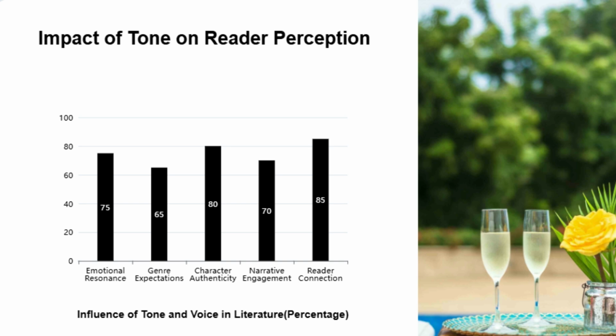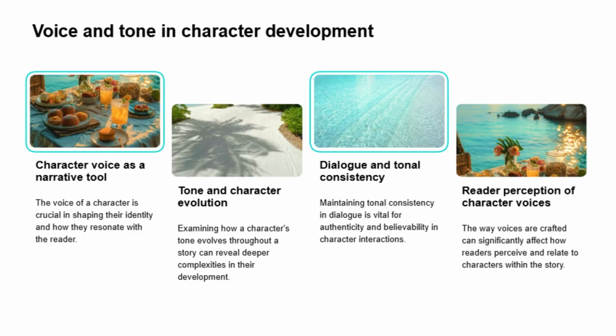Studies have even shown that tone influences how we connect with what we read, whether it's emotional resonance, expectations, or how authentic the writing feels. Now, I'd say that that's pretty powerful for one aspect of writing, wouldn't you? From our discussion so far, we can glean that voice and tone have a major impact on storytelling.